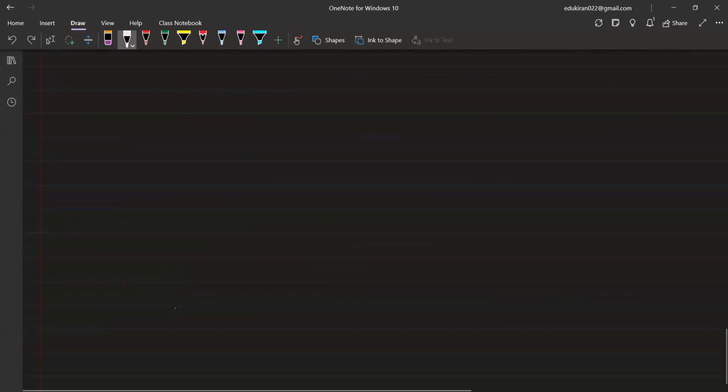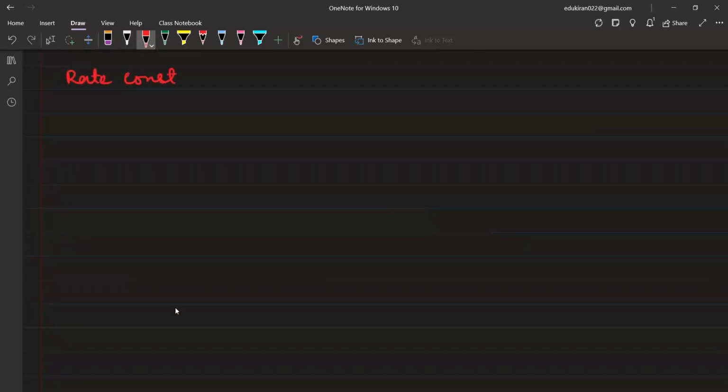Now moving on, please see the next topic, that is rate constant. So what is rate constant? The k that we have seen now in all of these rate law expressions, that is the rate constant. When we talk about rate constant, the most important thing about it is its units.